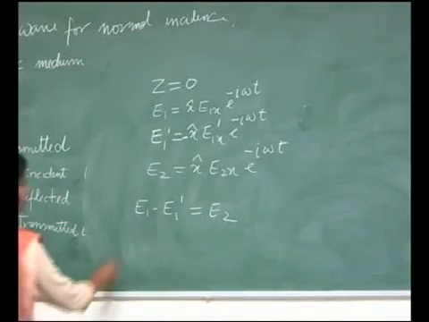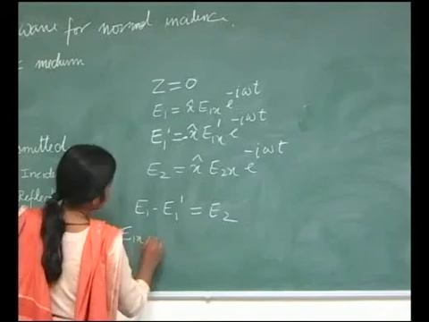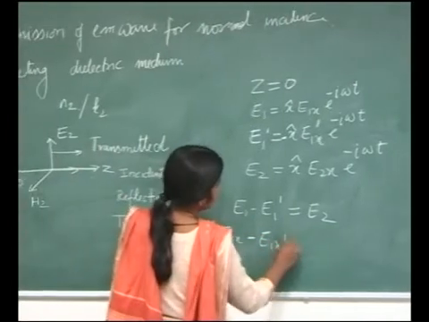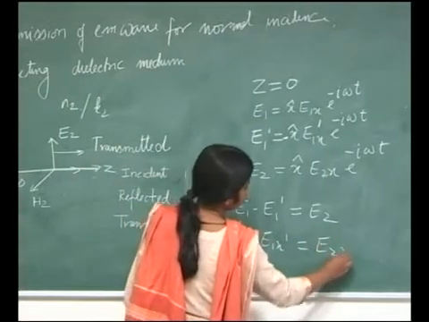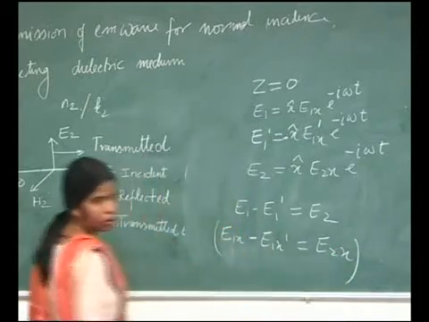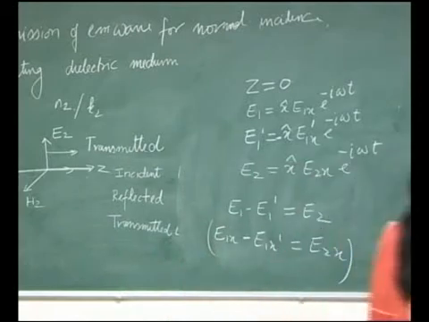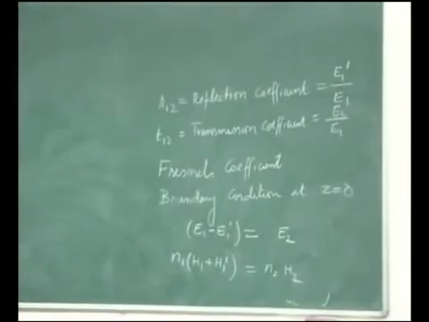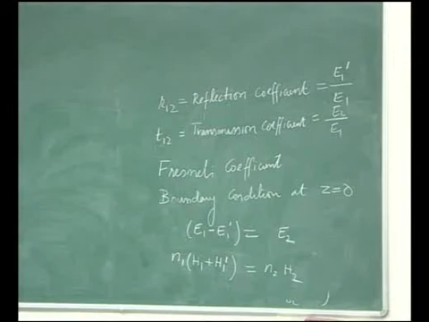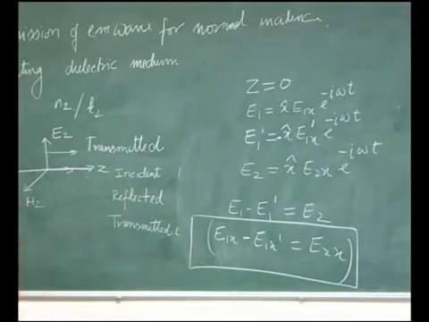I get that E1 x minus E1 x dash should be equal to E2 x. This is my boundary condition. There will be no n's here, so that was wrong there. So this is the boundary condition that E1 x minus E1 x dash should be equal to E2 x.